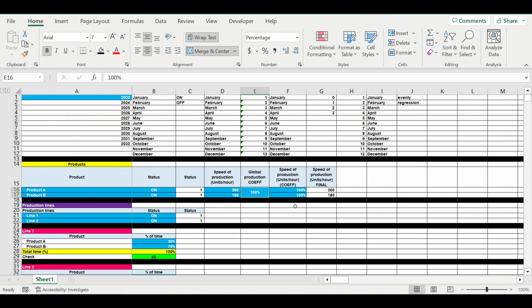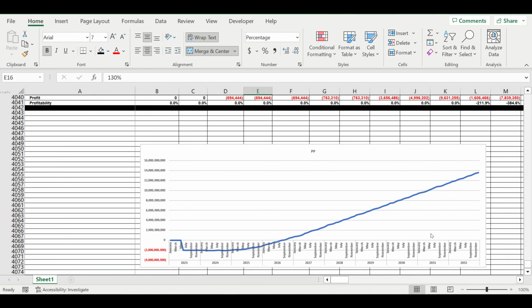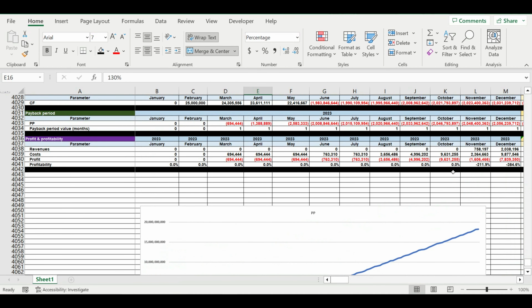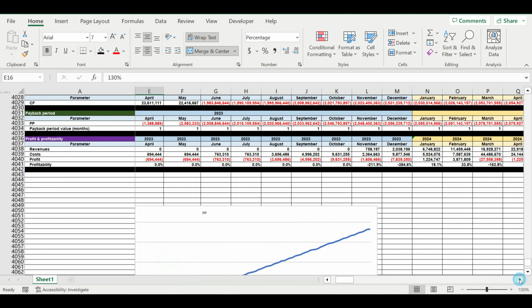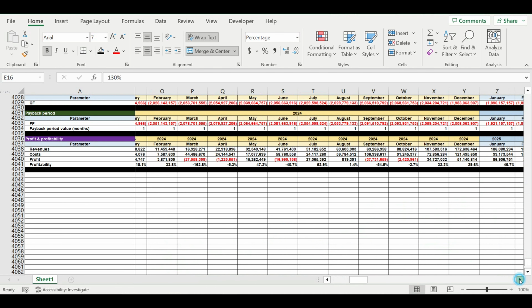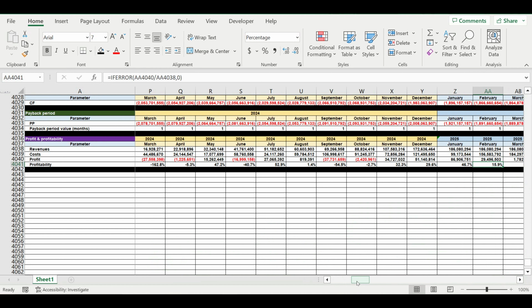For example, we can increase the general productivity by 30%. We can go back and see how this will affect the level of expenses.